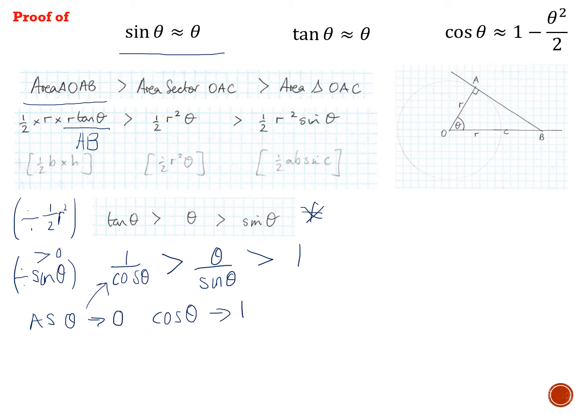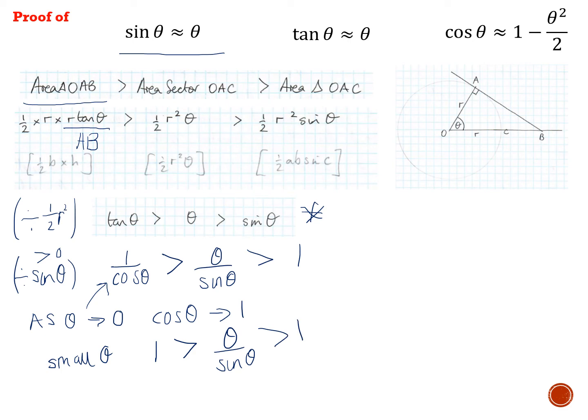Okay, think about what your cos graph looks like. So, for small theta, we end up with this as our inequality. 1 over cos theta is going to tend to 1 over 1. So we get that is bigger than that, which is bigger than 1.